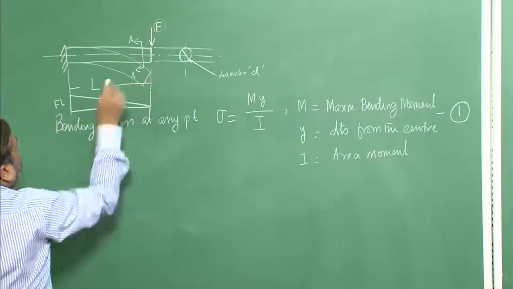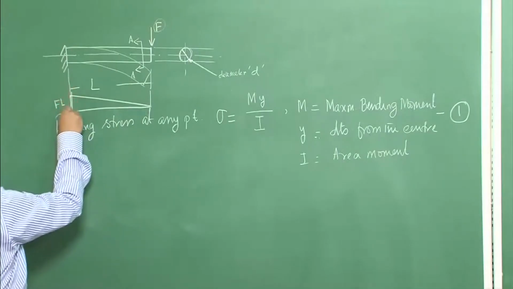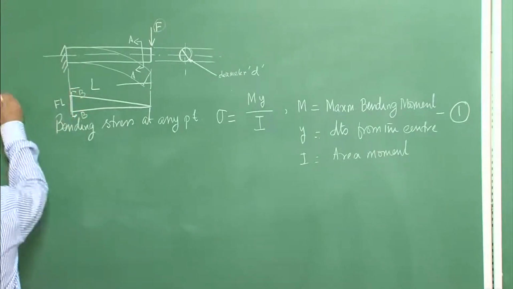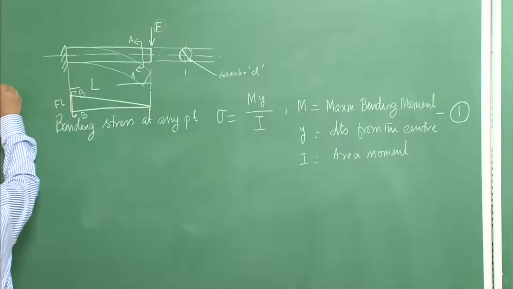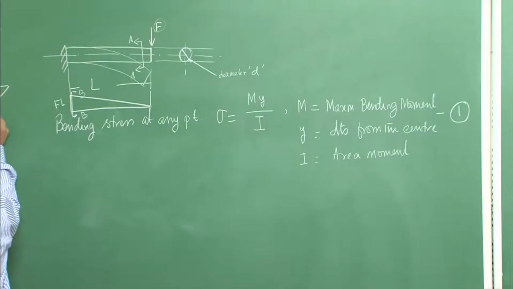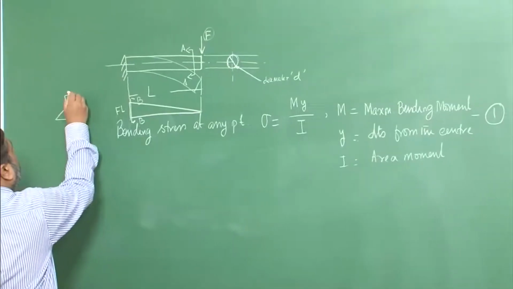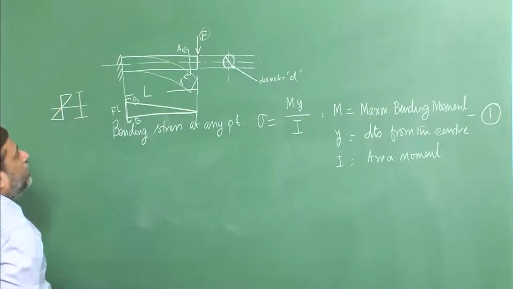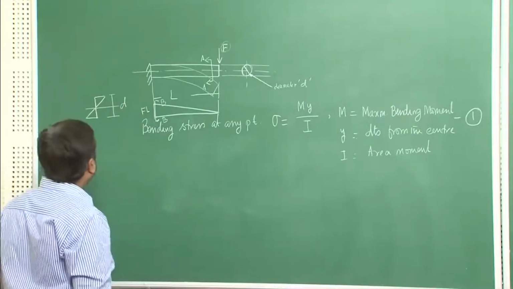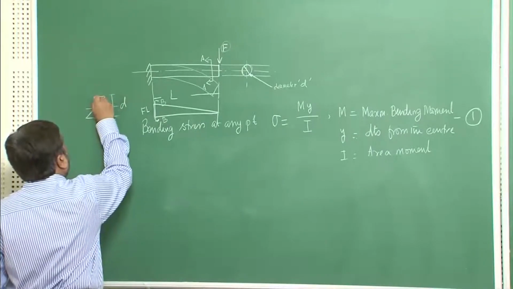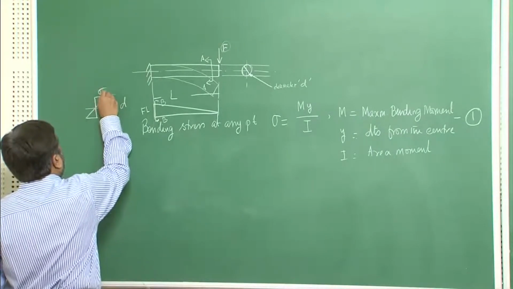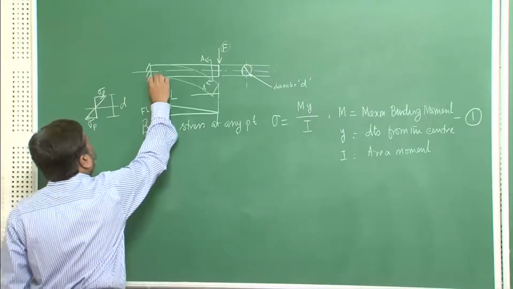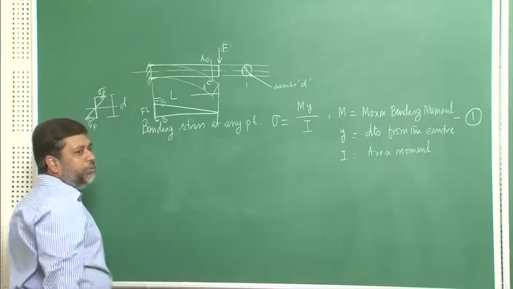So, if I consider a section very close to this support, let us say BB, and look at the state of stress, I am going to see that this is the bending stress, with the total distance being the diameter D. The maximum stress, sigma peak, is going to happen at the two extreme fibers, at the two edges of the beam.